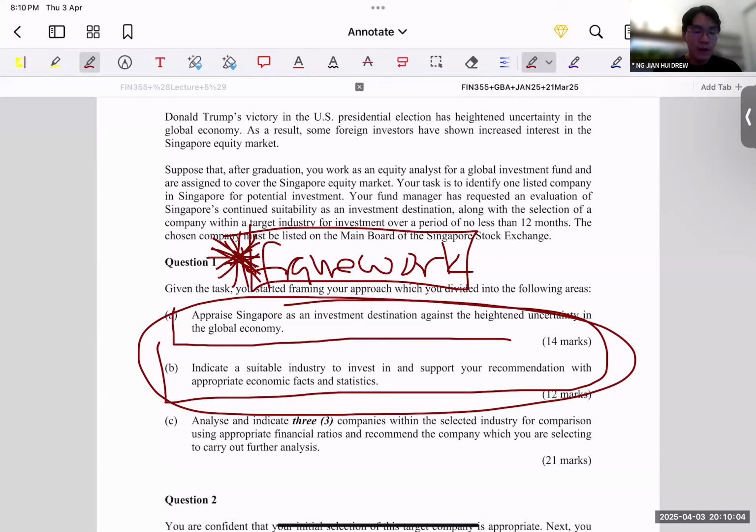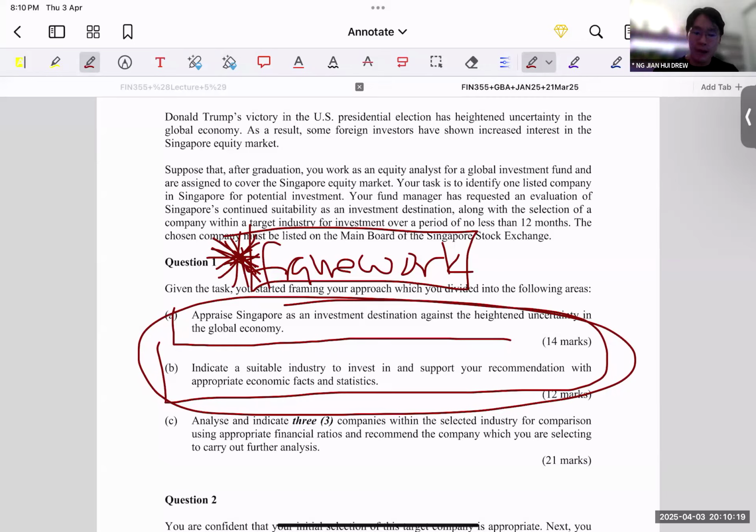So when you talk about macro environment, please always use a framework, because it gives you a comprehensive answer, and chances are very high you will score all the marks.